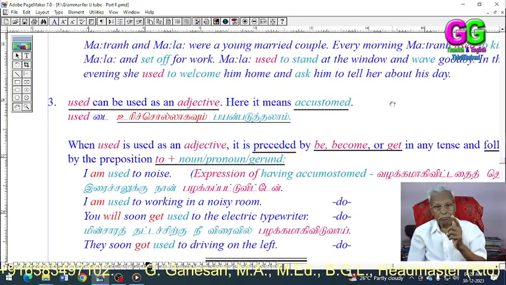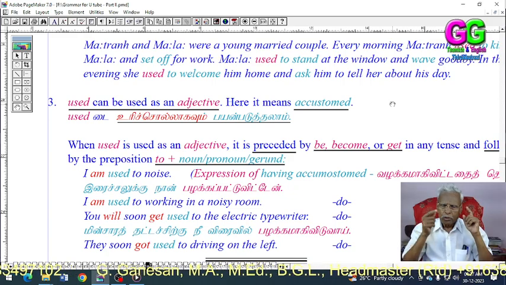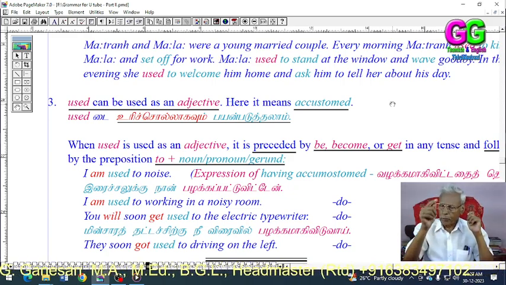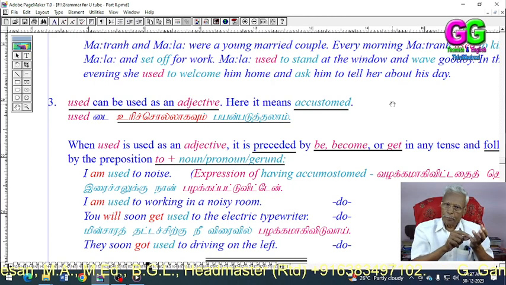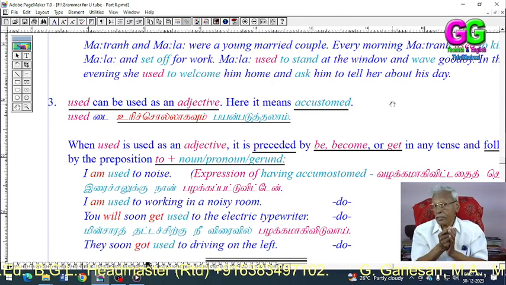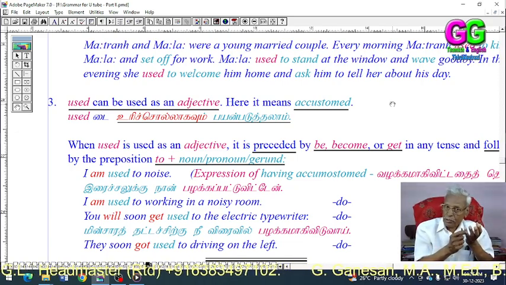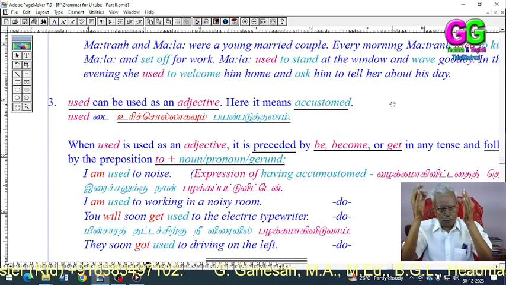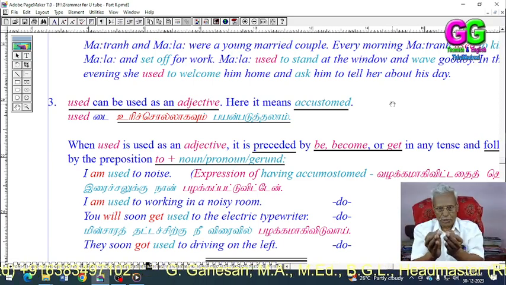We know, dear students, that the present or past participle of any verb can be used as an adjective.